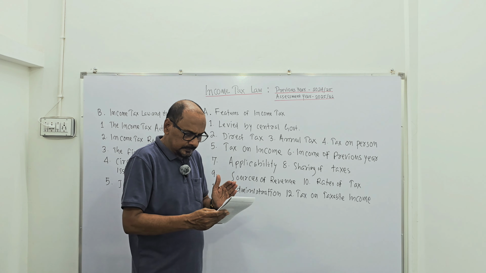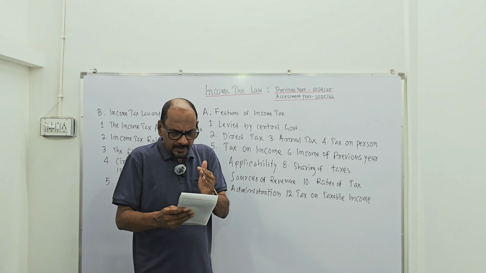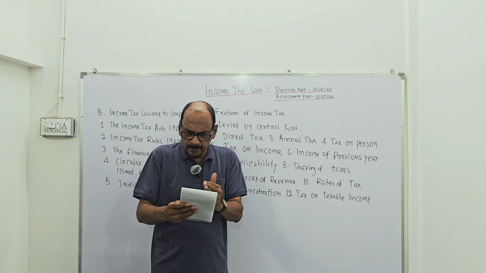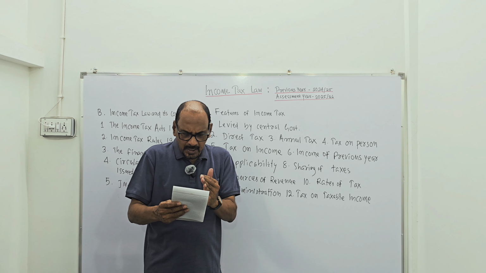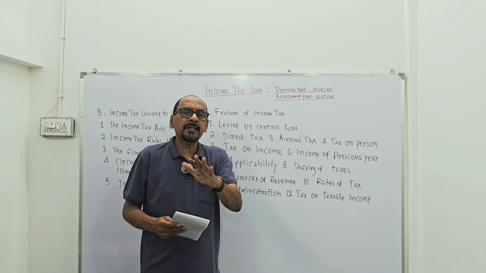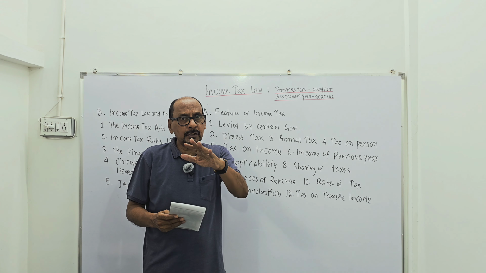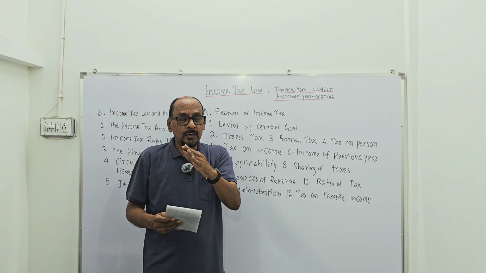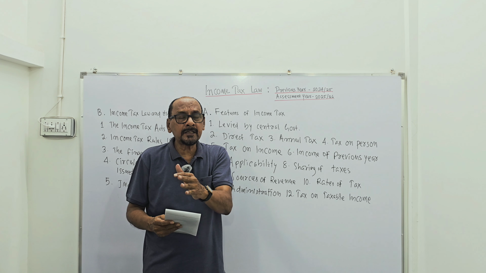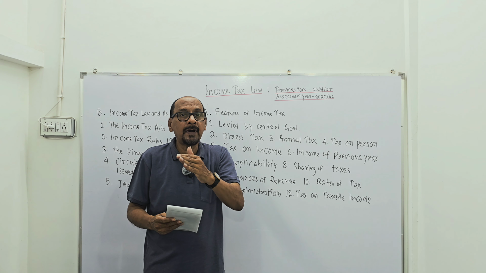But when the total income exceeds the maximum exemption limit, he will be charged income tax at a prescribed rate, which is given in the Income Tax Act from time to time by the Finance Act.